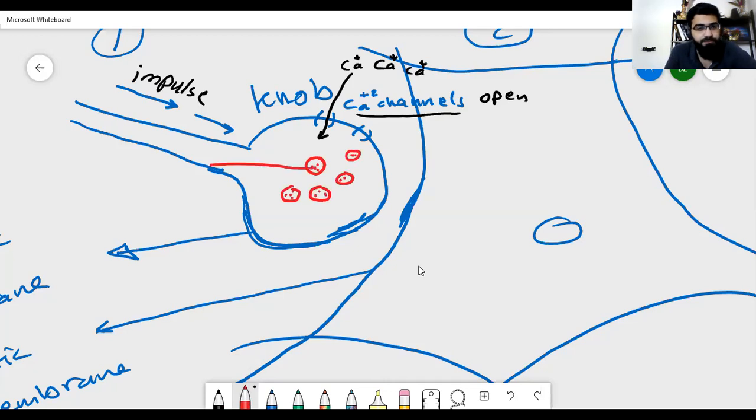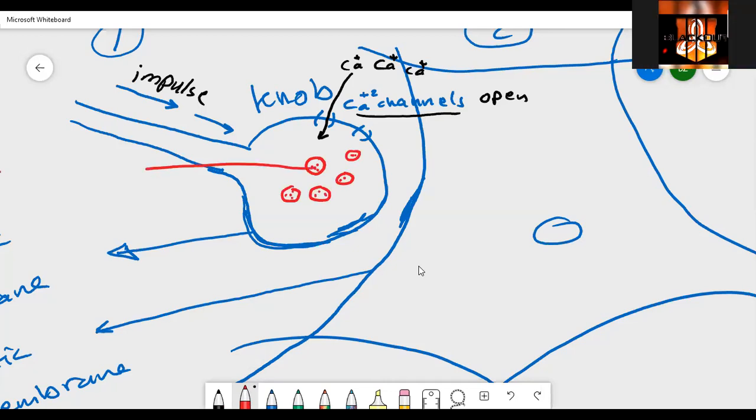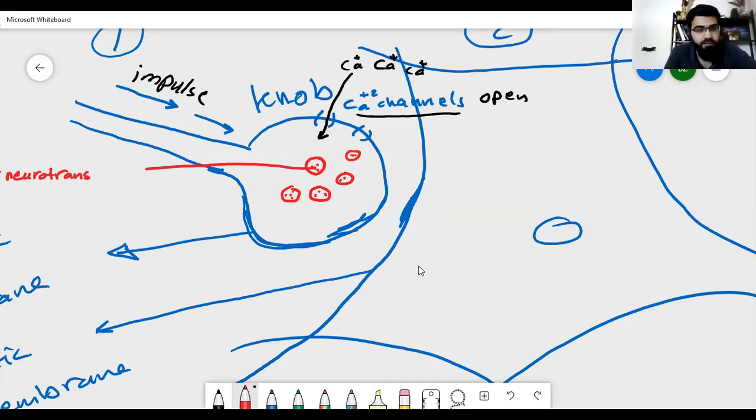Neurotransmitters. Remember, it is a very easy name. From their name, you can know what they do. When the impulse arrives, the calcium channels open and the calcium ions diffuse inside.